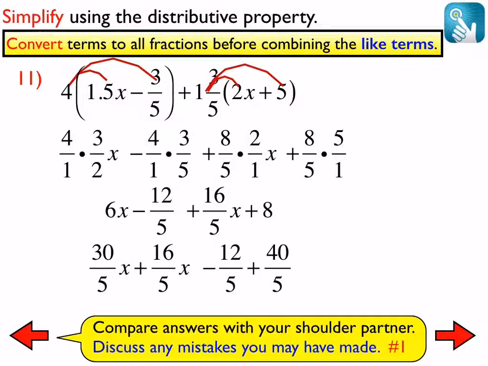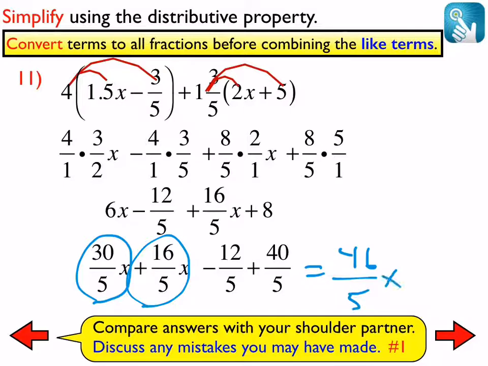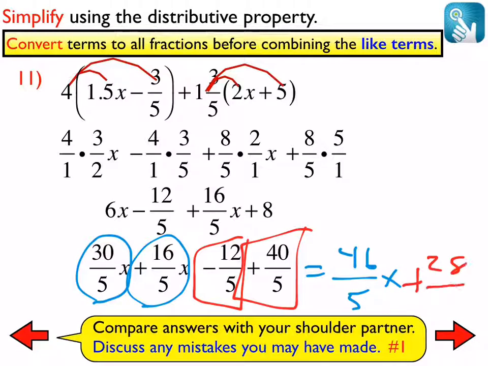And so right here, I have my common x's. So that would give me 46/5 x. And then I have my constants that I can combine together. Negative 12/5 plus 40/5, that is plus 28/5. So if you did things as fractions or mixed numbers, that's what you should have.